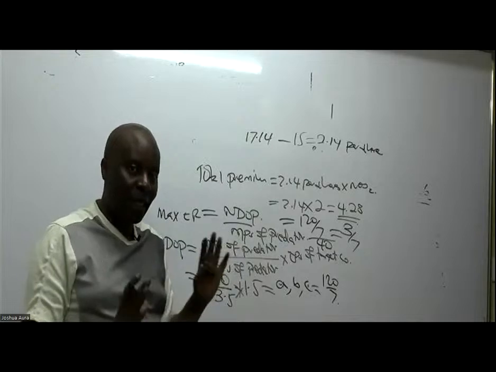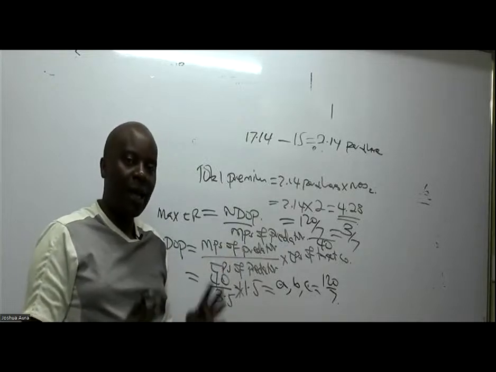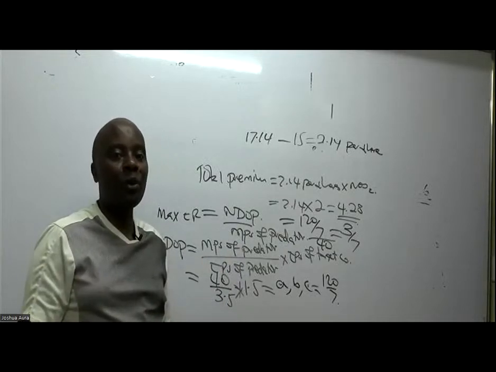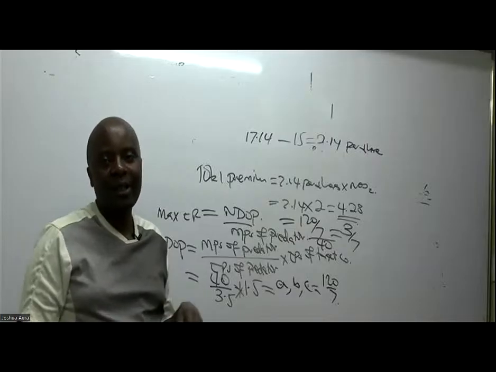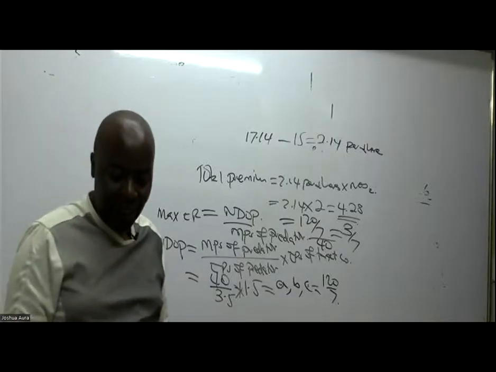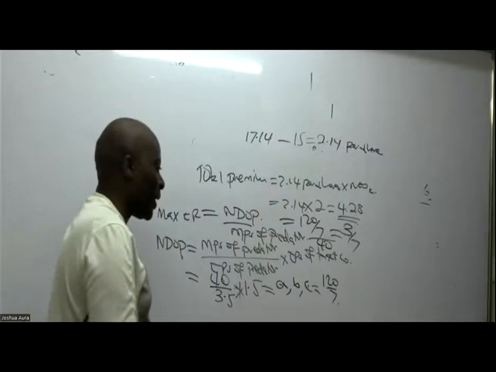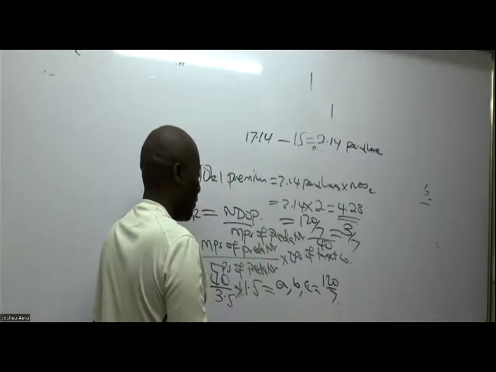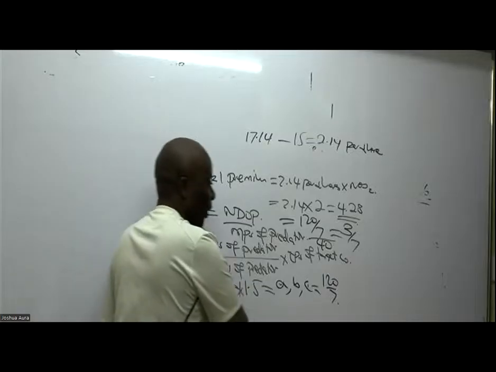So you have to be very exact. Otherwise, you'll always get yourself in problems with the Katneb markers. I've marked this paper for so long, and I know advanced FM is quite a challenging paper, very easy, but students don't have the methodology of doing it.